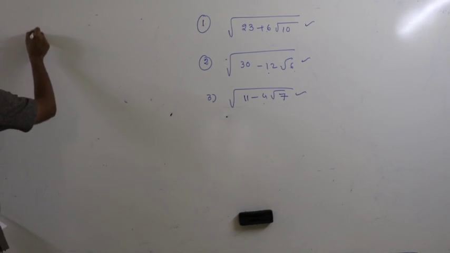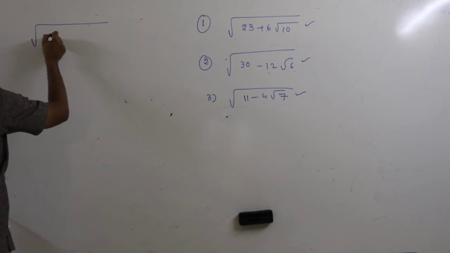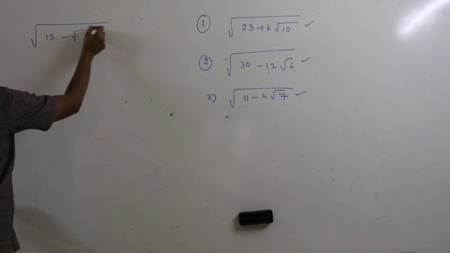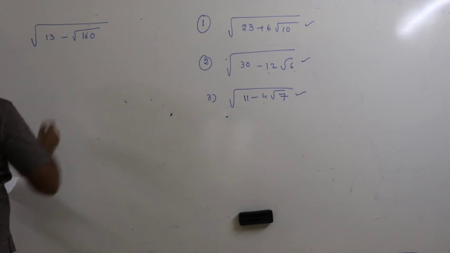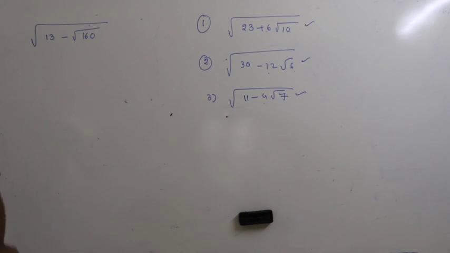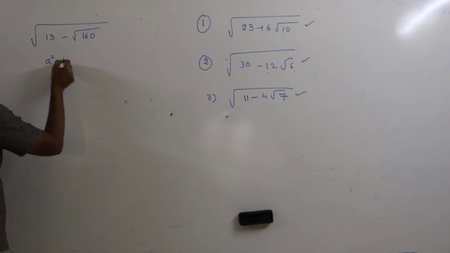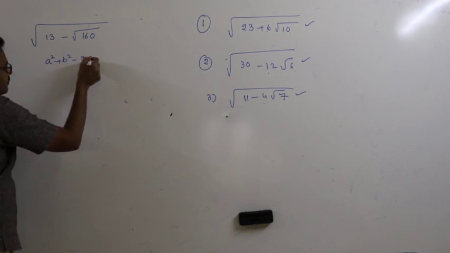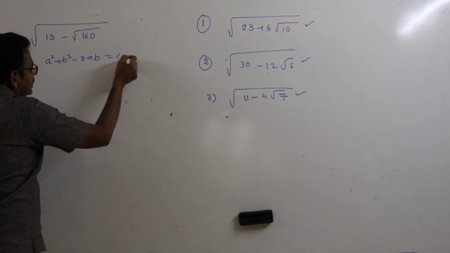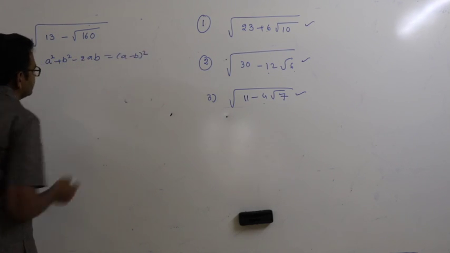And square root of 13 minus root of 160. So already I told the formula: a square plus b square minus 2ab is equal to a minus b whole square.